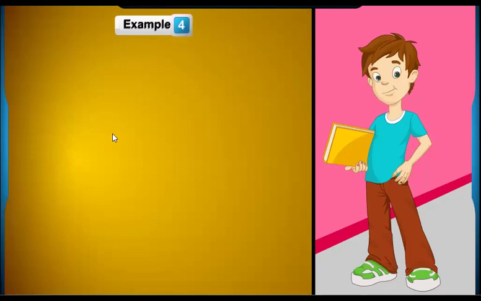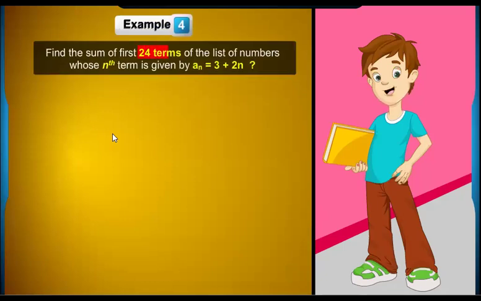Example 4. Find the sum of first 24 terms of the list of numbers whose nth term is given by an = 3 + 2n. Solution.